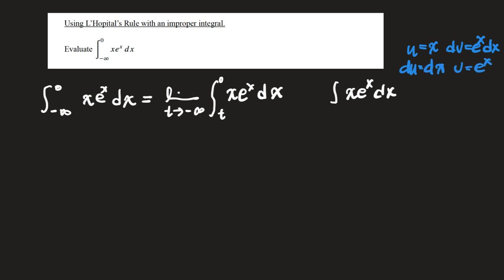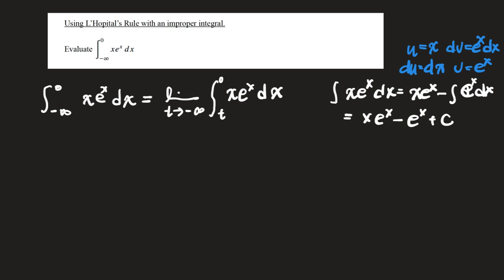So this integral is uv, x e^x, minus the integral of v du, e^x dx. So the antiderivative is x e^x minus e^x plus C.